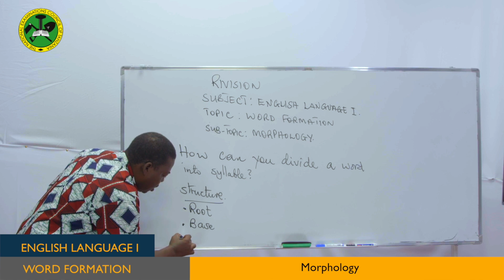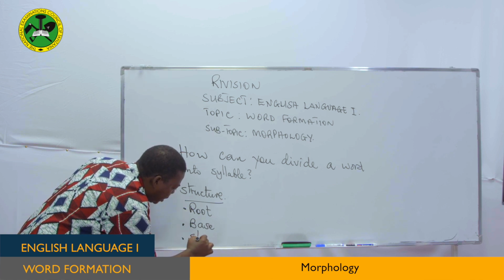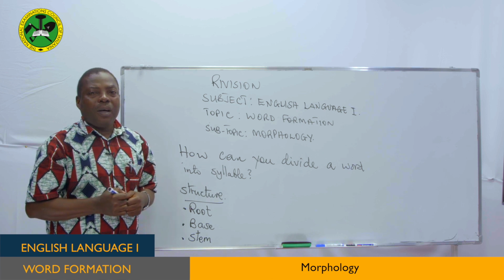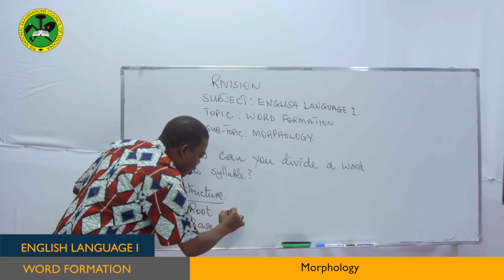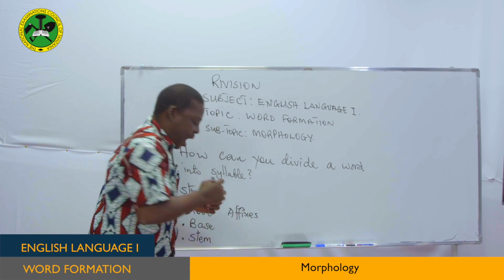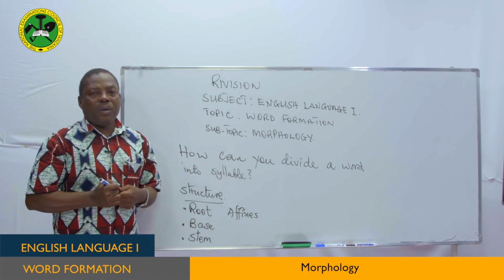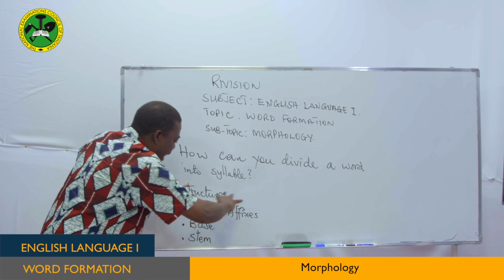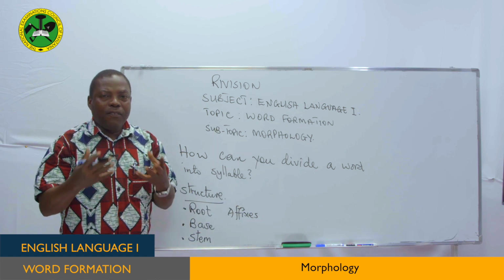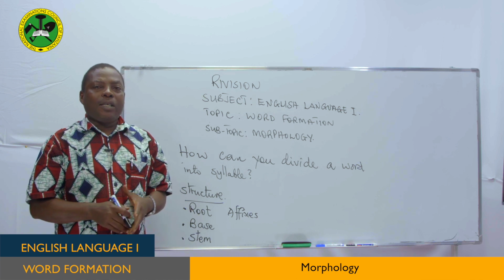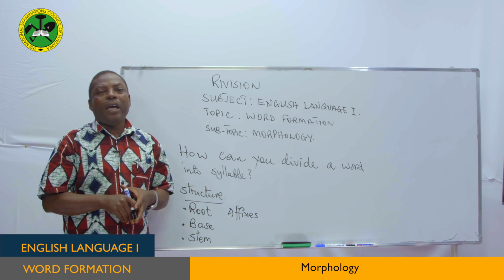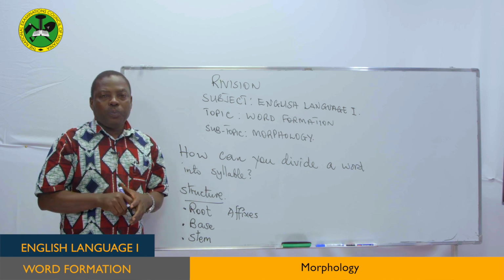And then we'll talk about the stem, and finally affixes. When you understand all these elements, you finally find that you can divide a word the way you want and the way you are directed to.